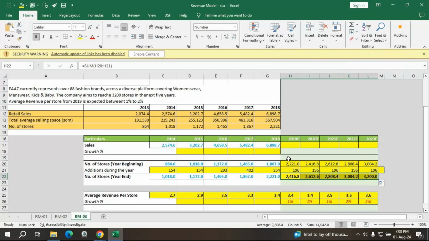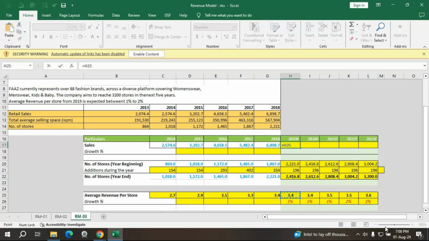Now I need to calculate the sales. So how much were the sales that were happening? Okay, so here I'll say equals, this value, that is 3.4, into average, so average of this particular opening and closing number of stores.